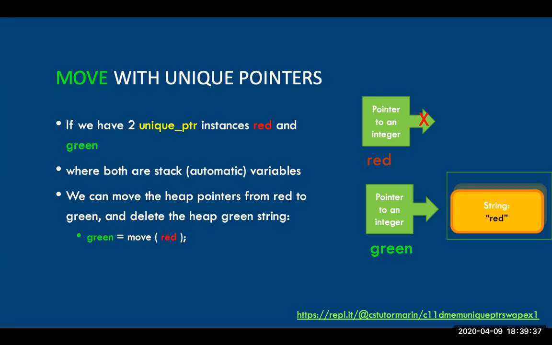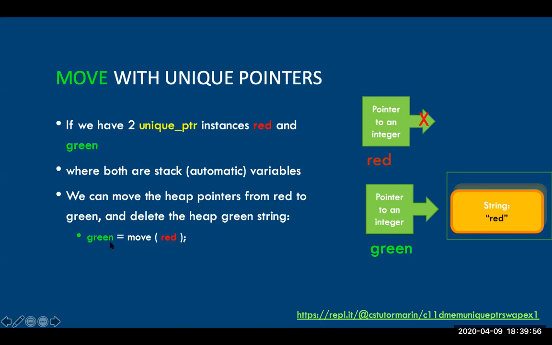And presumably, if you're going to say green is going to get red, I want green to manage red, you want to delete the old thing that green was pointing to because you don't want to have a leak. And then you also want to nullify this class here, right? None of those things would happen if we were just working with raw pointers.